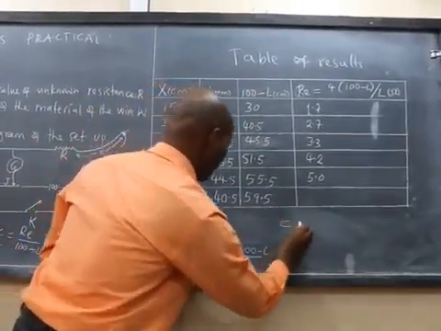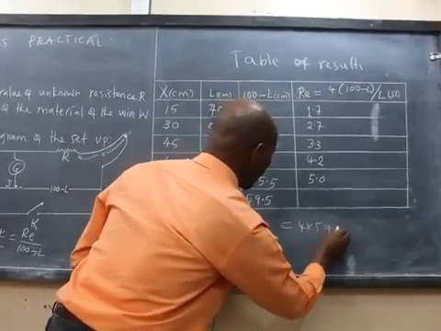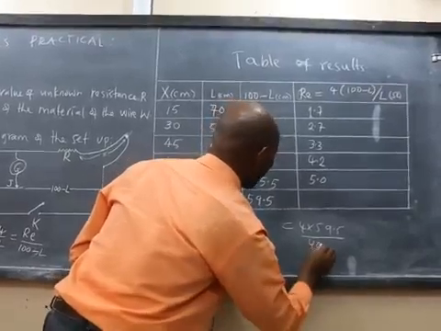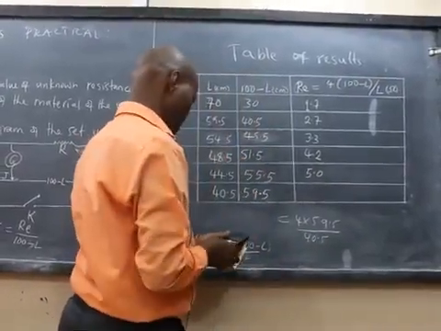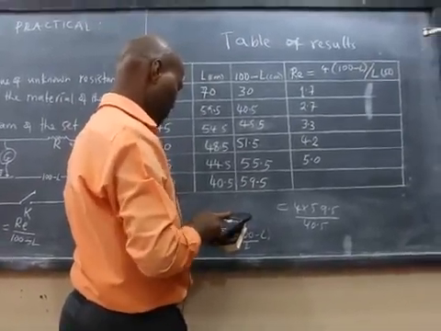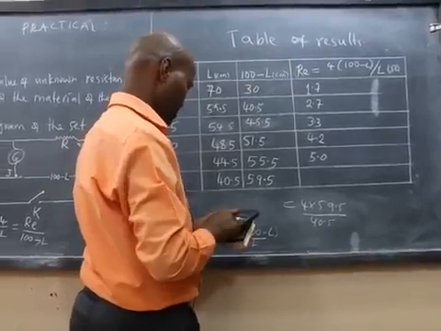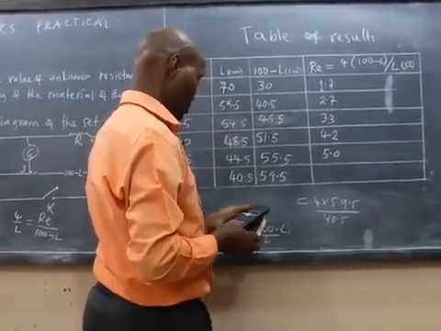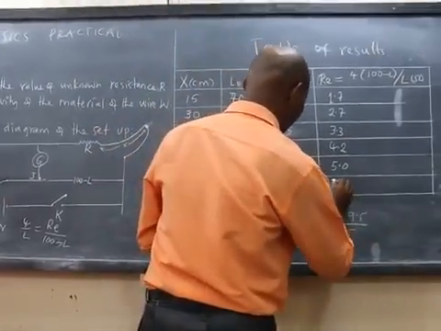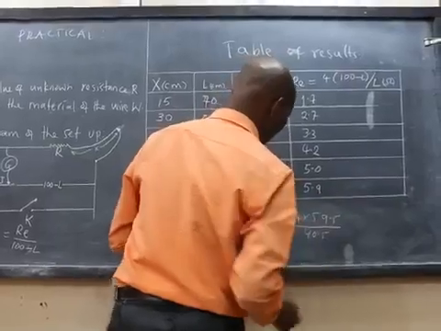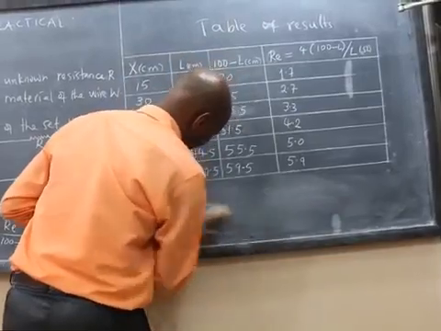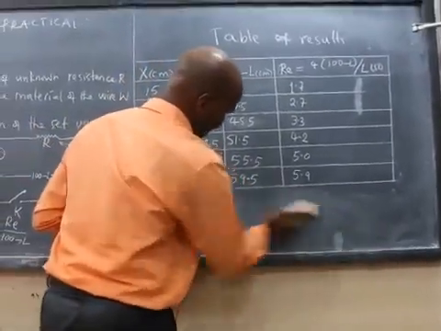Let's fill this one, that is 4 times 59.5 over 40.5. So 4 times 59.5 divided by 40.5, you get 5.9. So we are done with the filling of the table. I have already filled the table.